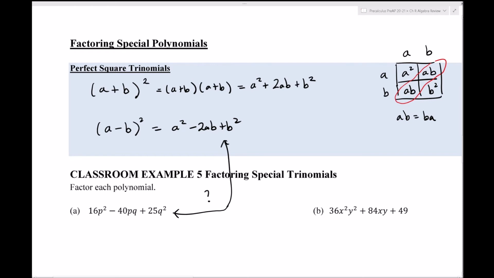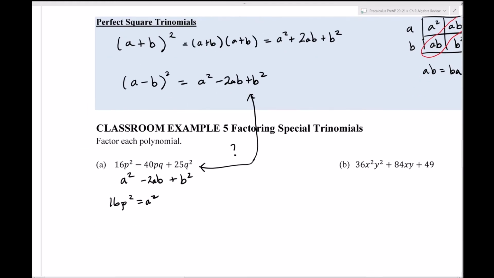Here's how we check. I'm going to compare this with A squared minus 2AB plus B squared in the original formula. If that's a perfect square trinomial, then 16p squared is equal to A squared. So what I'm doing is a very cut and dry comparison, but I can try to simplify this as much as possible.